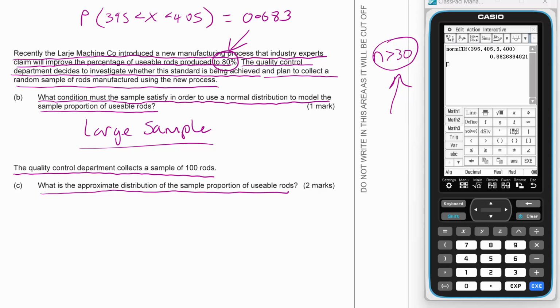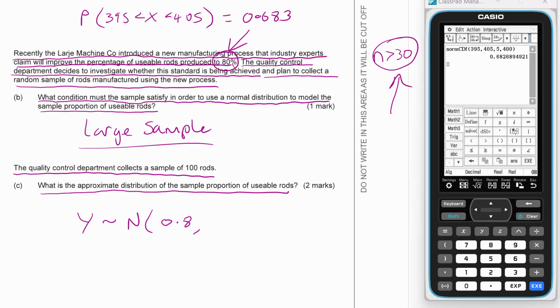So we probably shouldn't use X, let's use Y. We know it's going to be normal because we've just been discussing that. And we're looking at 80% as being the claim.